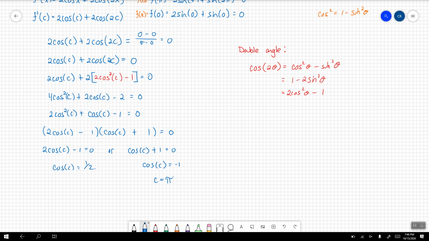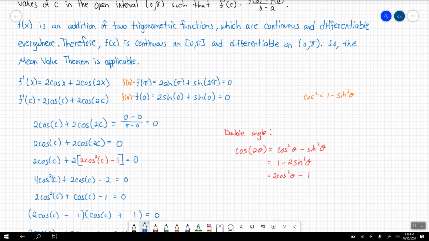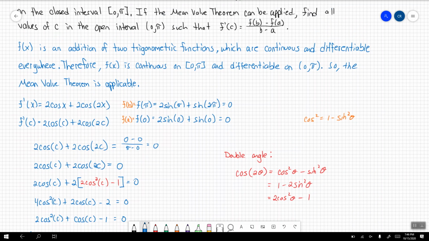Cosine of 1/2 only occurs one time on the given interval from 0 to pi. That occurs at 60 degrees, which means c is pi thirds. Great. So we found 2 values, but wait, there's an issue.